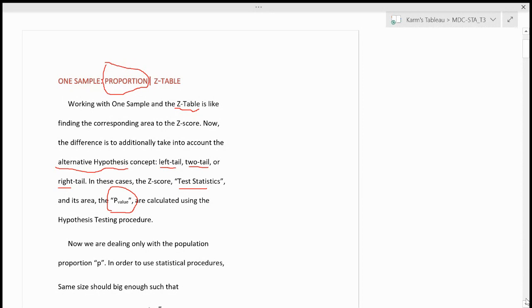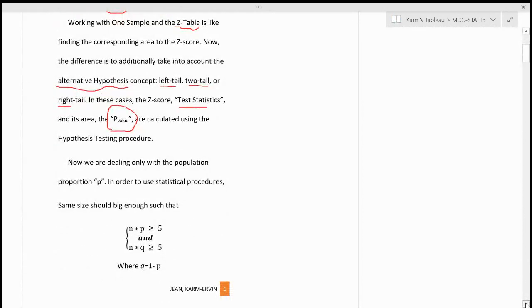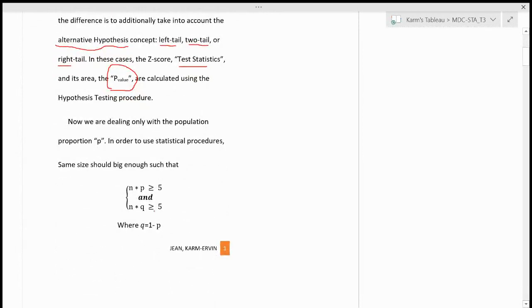Okay, we have a condition that we need to expect for the proportion. If you are given a sample size n and a population proportion of p, the multiplication n times p must be greater than or equal to 5. The same thing with n times q, in which q is 1 minus p.